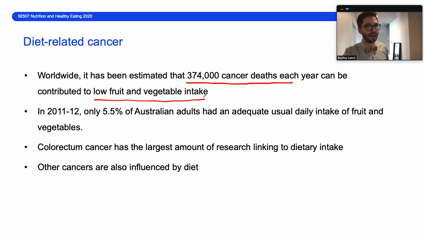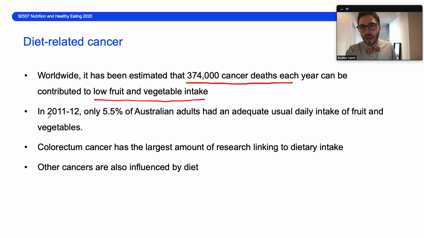Now let's put this into perspective. Although the coronavirus is developing every single day, as of today, this rate of death is twice as high in comparison to the death rate of coronavirus. Although coronavirus will continue to rise until it reduces, I just want to put into perspective that there is a vast number of deaths that we could prevent if we address fruit and vegetable intake from a dietary perspective.